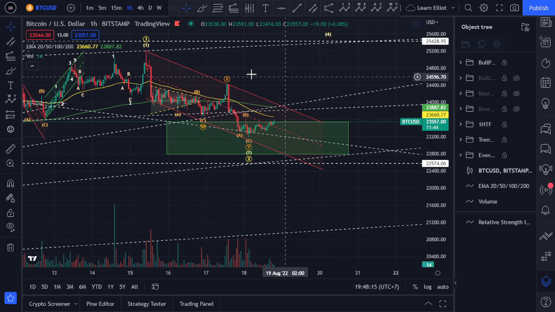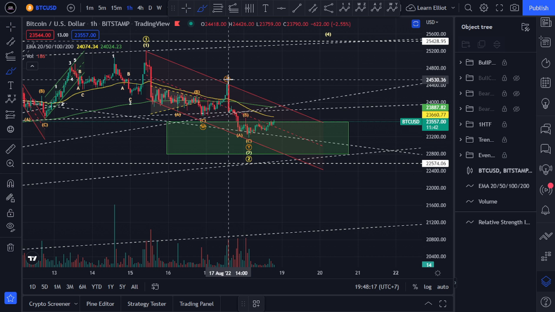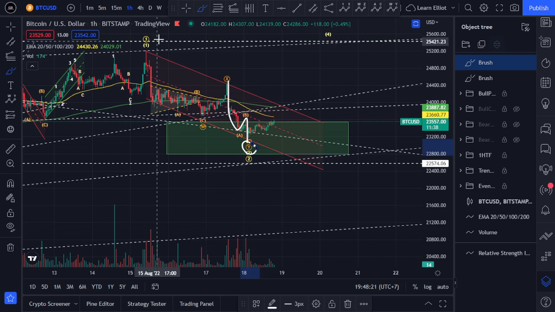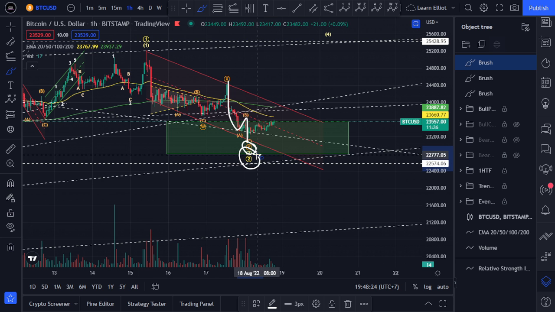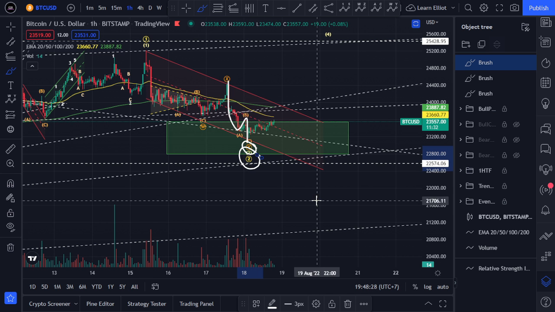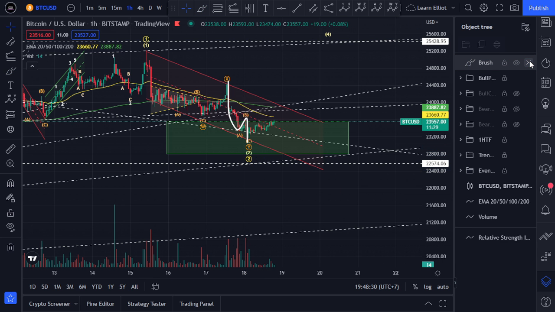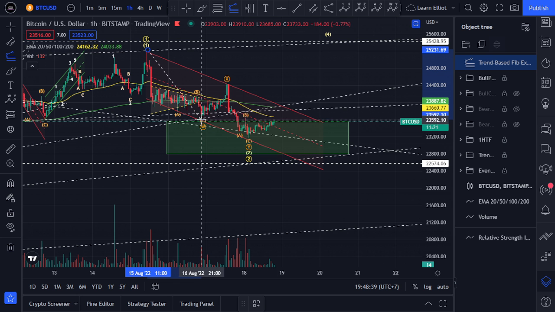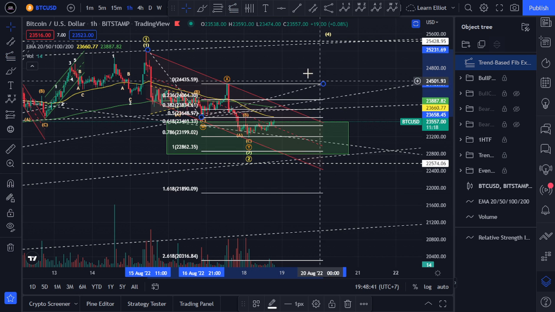And right now we have also completed the A, B, C corrective pattern to complete the Y wave here, assuming that this is the second sub microwave, and also completes the second microwave. But the price will still be able to go even lower, since we have this as our target price.